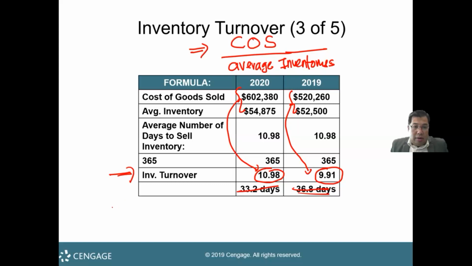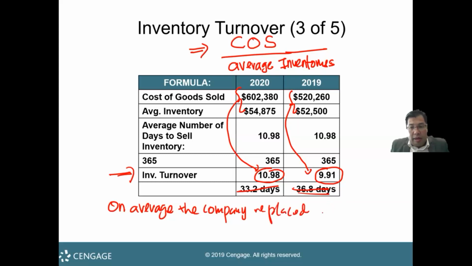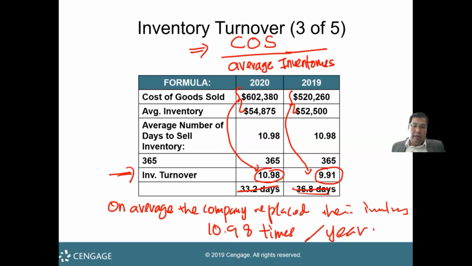This means on average the company replaces their inventory 10.98 times during the year, per year.